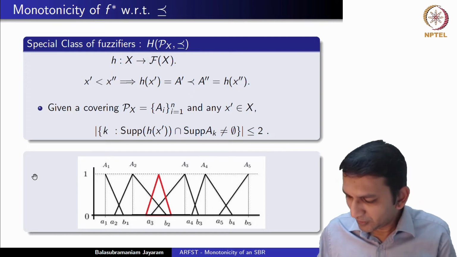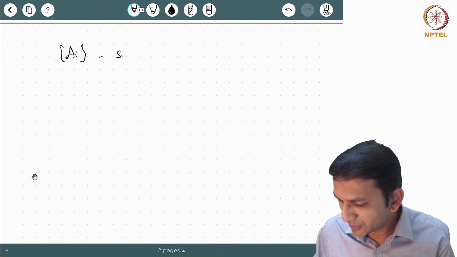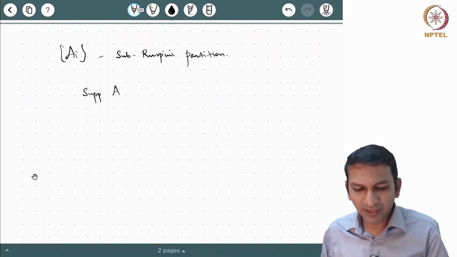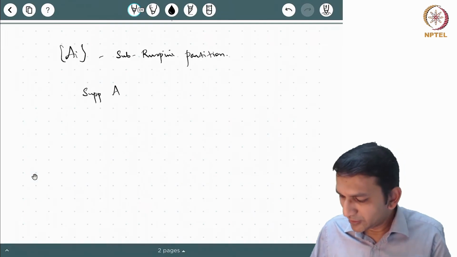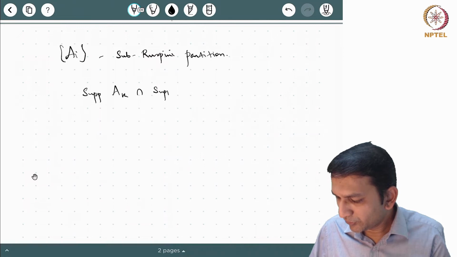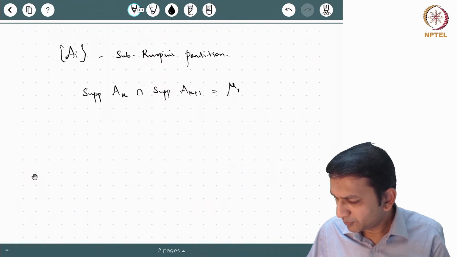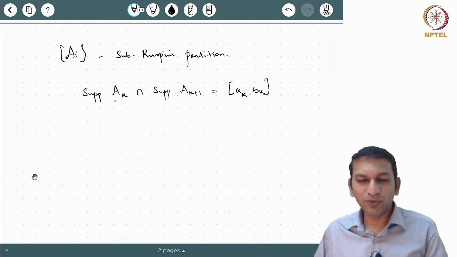For instance, if you are given these AIs, which form a Sub-Ruspini partition, so now if you consider support of, we know that because these are normal also, we know that support of AK can only intersect support of AK plus 1 and AK minus 1. So now let's consider this to be nu k. Some set, or for the moment let's just take this to be AK, BK, because it's coming from K. So essentially for every one of them you are going to get this.